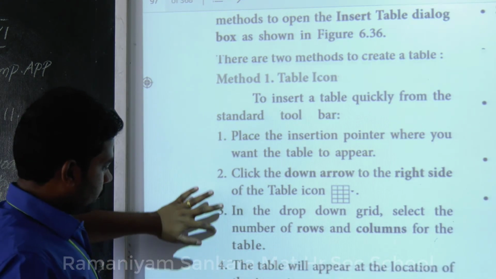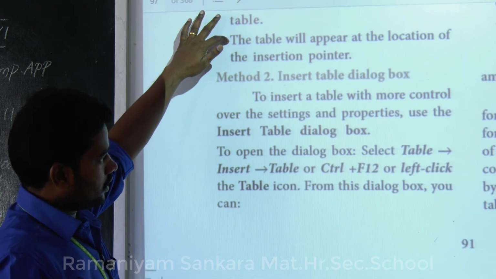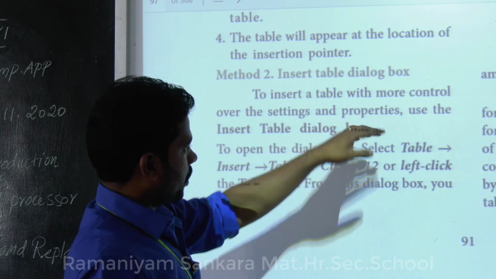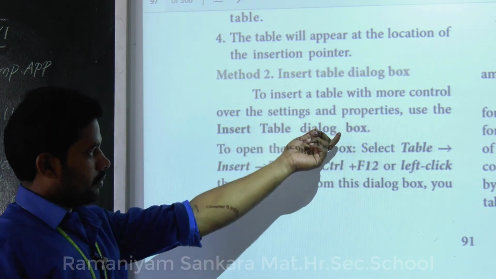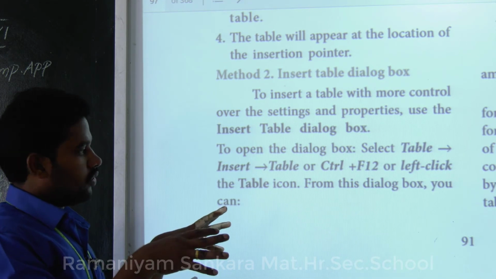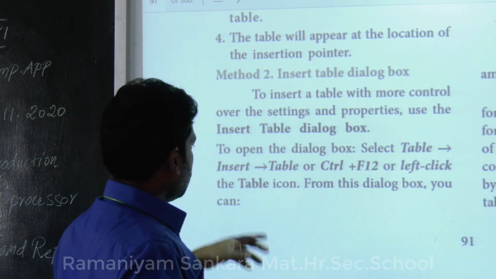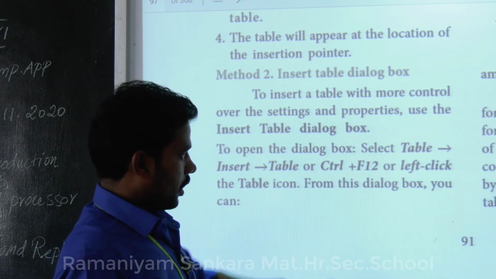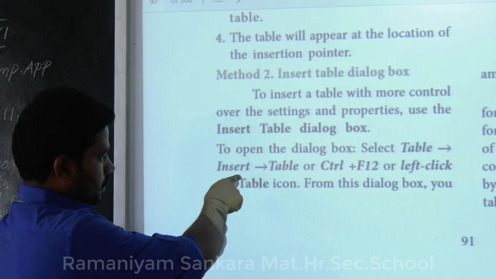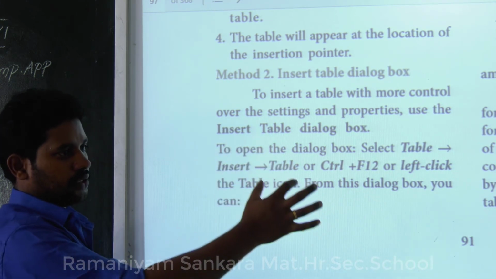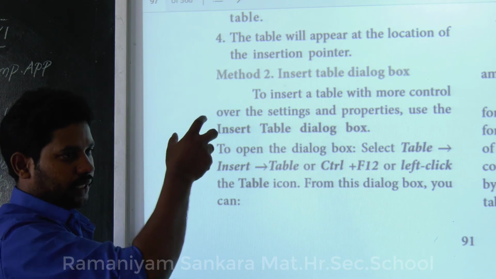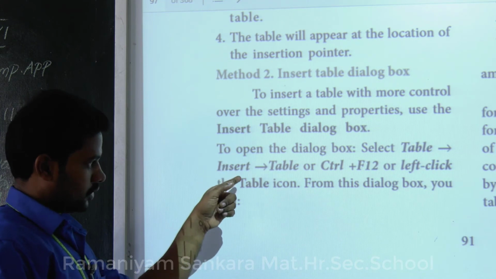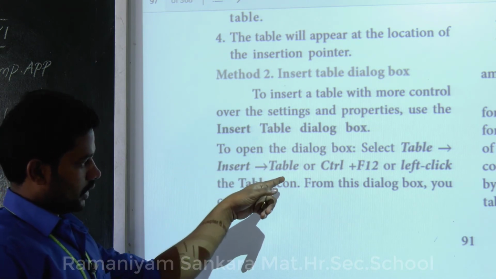The second method is the insert table dialog box by using the command. To insert a table with more control over the settings and properties, use the insert table dialog box. To open it, click on the table option in the menu bar, and from the list of options choose insert, and then click on table.